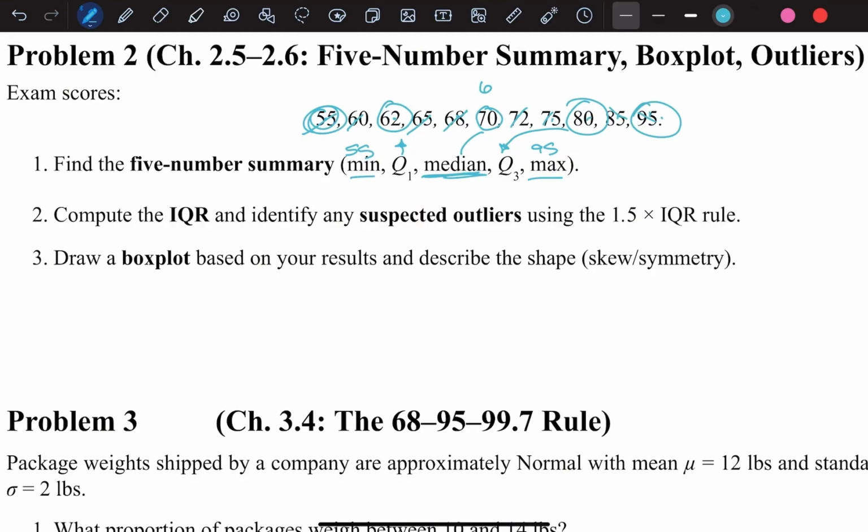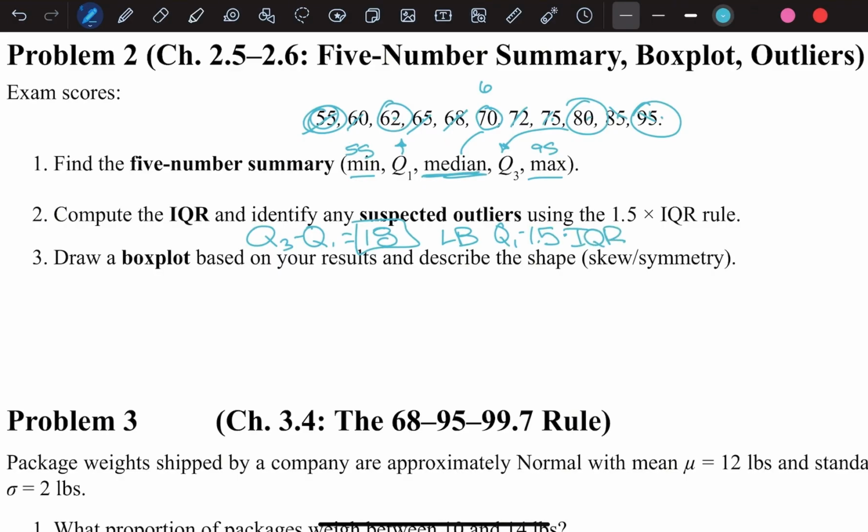To find the IQR, this is Q3 minus Q1, which equals 18. To find our lower bound for suspected outliers, we do Q1 minus 1.5 times IQR.